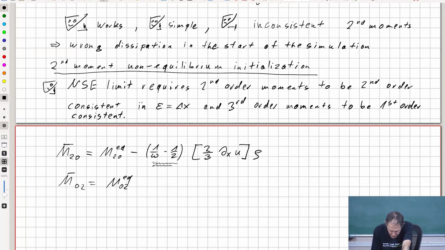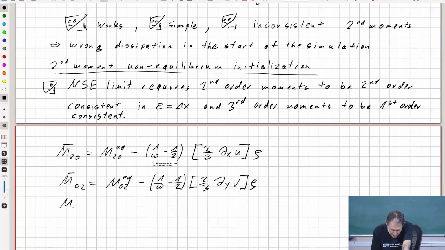The same thing goes like this. The other second moment has its equilibrium part minus 1 over omega minus 1/2. This is the Eon correction times 2/3 dy v, and this is also multiplied with rho.